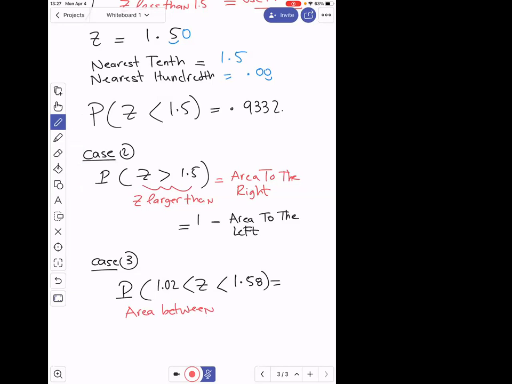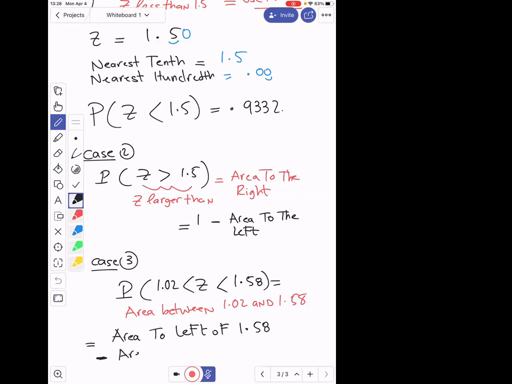But the area between is the area to the left of the larger number, 1.58, minus the area to the left of 1.02. I can get these areas to the left from the table, then take the difference, and that will be the answer.